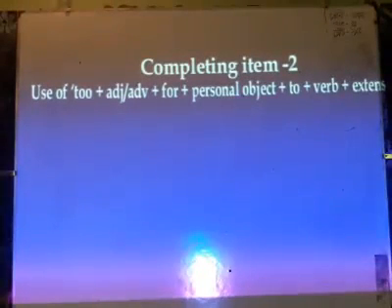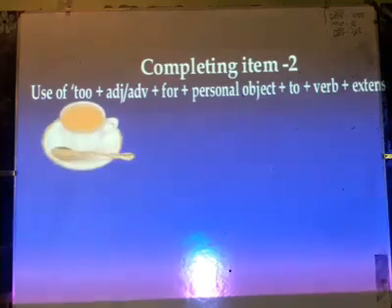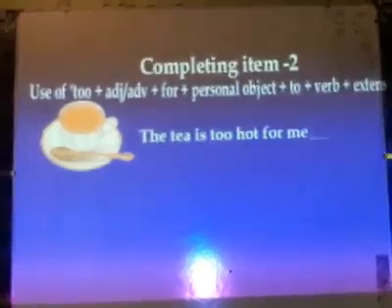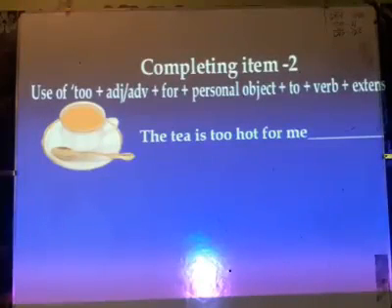Completing item 2, use of too plus adjective or adverb plus for plus personal object or pronominal object, then to plus verb plus extension. The tea is too hot for the student, for.